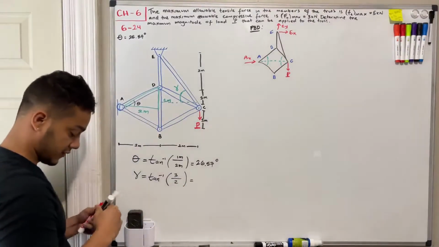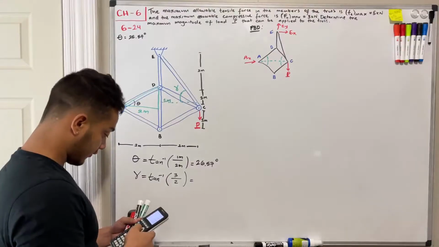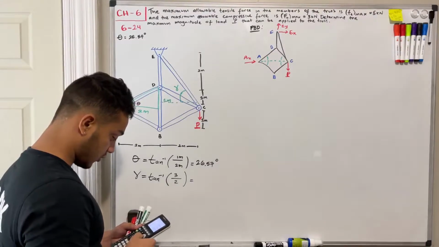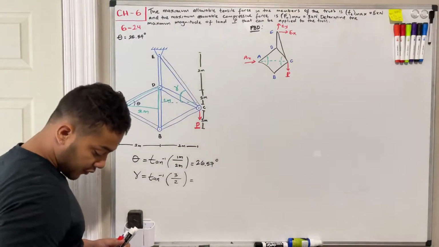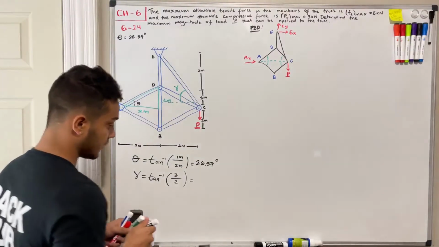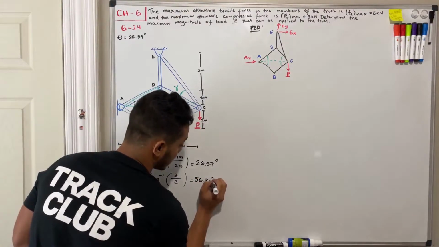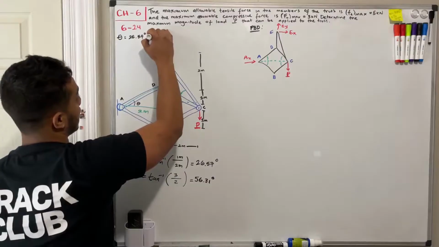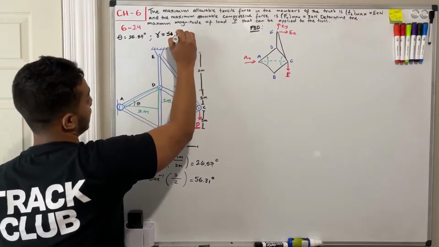And let's see how much this is. So we're going to do the inverse tangent of 3 over 2, and that's equal to 56.31. Okay, so 56.31 degrees. I'm gonna just write it over here. The gamma equals 56.31.